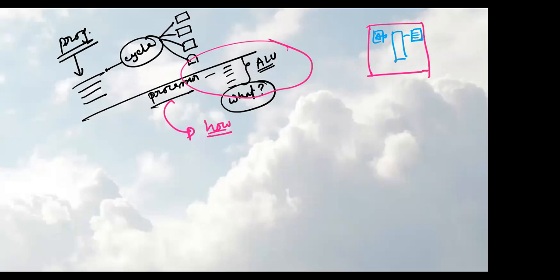What is the other component here? That is the CU, control unit. And this control unit basically performs what? Giving commands or giving the sequence, how the tasks will be organized, and giving the proper commands at a particular point. What is the task for that particular device to perform?